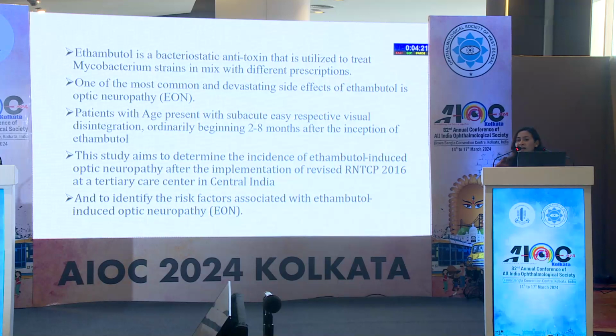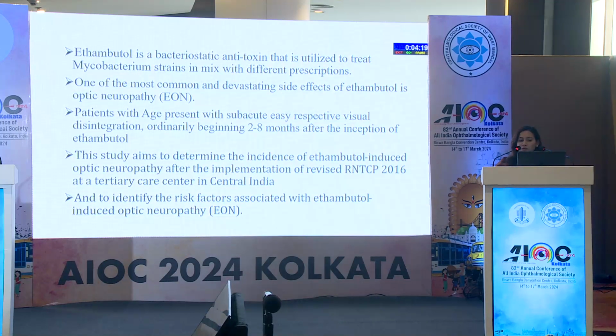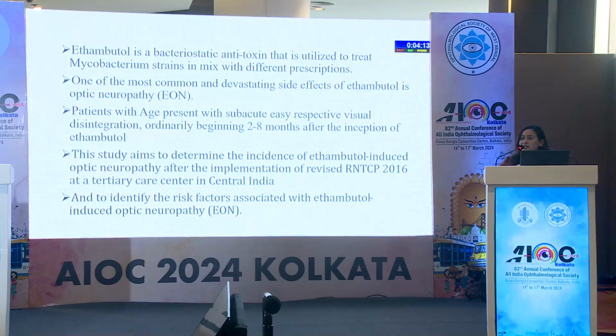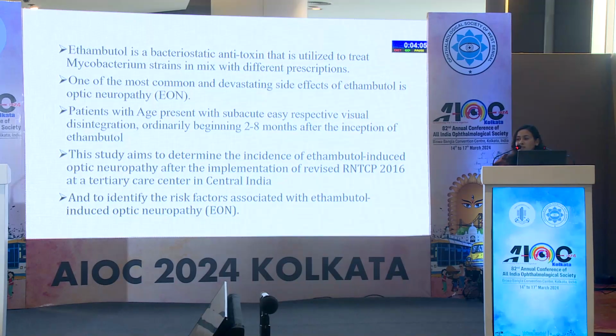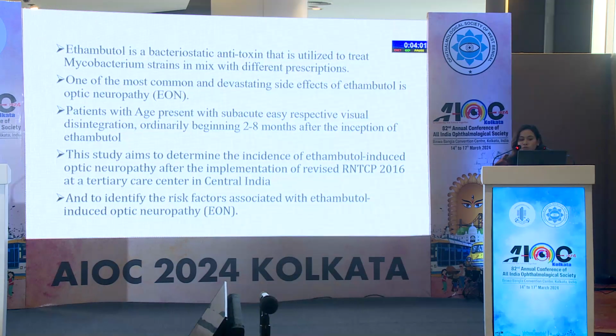Ethambutol has a bacteriostatic action. Age is likely to be considered a risk factor for this complication. My study aims to assess the incidence and risk factors of ethambutol-induced optic neuropathy.